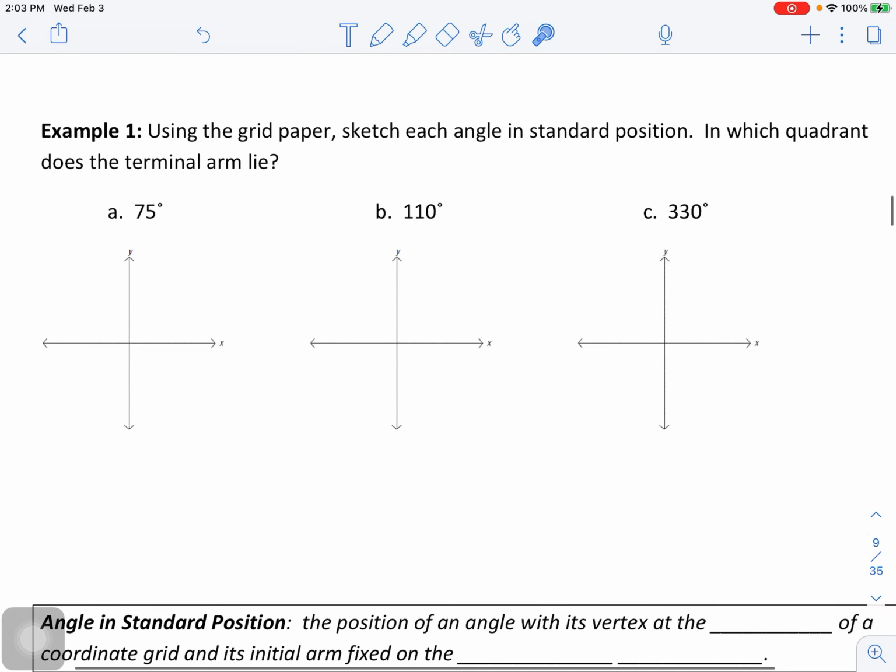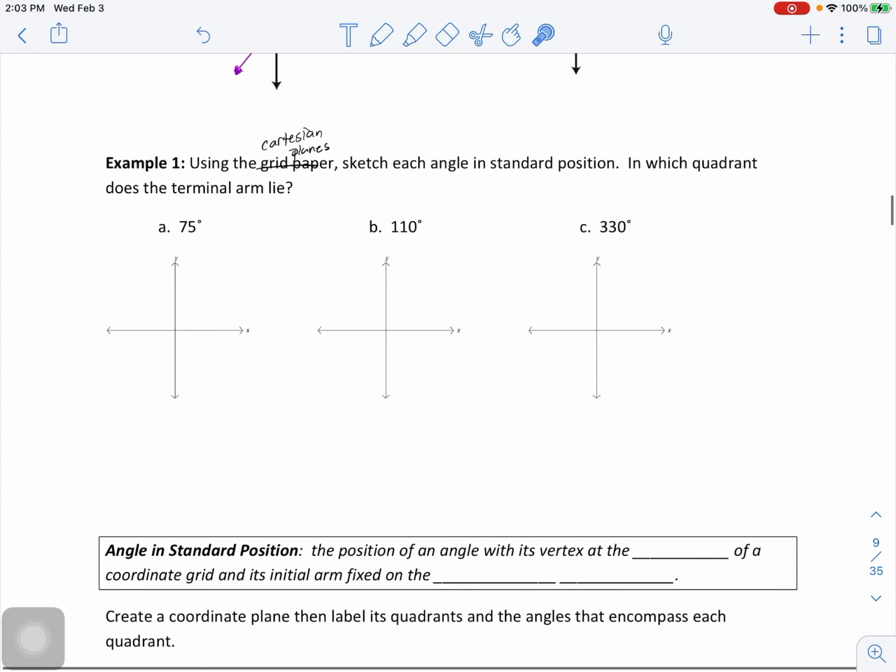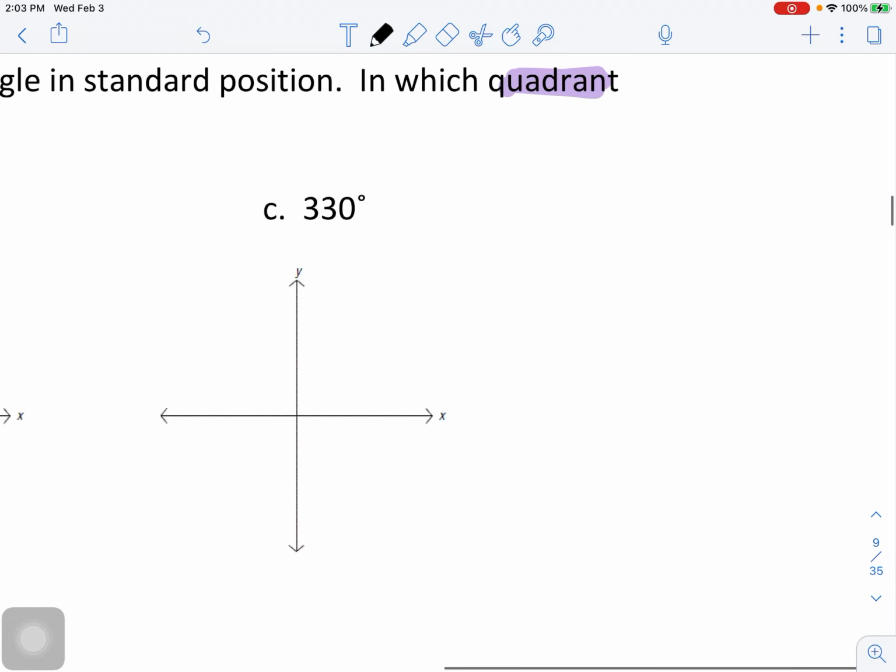So using the grid paper, aka the Cartesian planes, sketch each angle in standard position. Which quadrant does the terminal arm lie in? So this is a new definition here. What are quadrants?